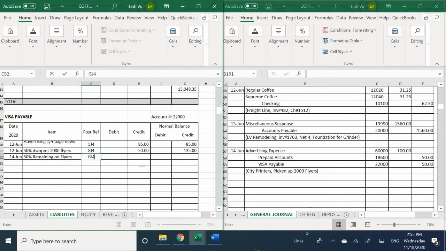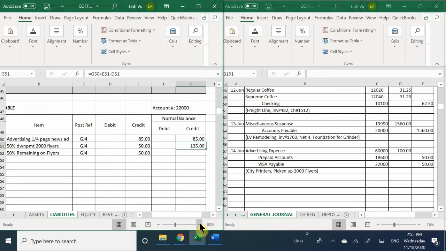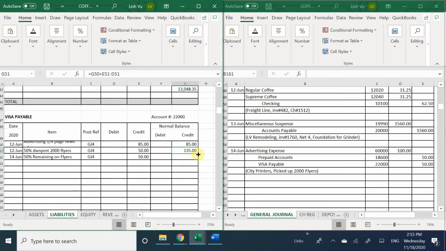General journal number 4, and I'm gonna add another $50, bringing now my new account balance to be, hold on, I'm still behind in typing for some reason. Hold on one second. Sorry. 185, it's going to be now 185. So here, that's exactly what's reflected on our advertising expense, because so far we've made nothing but purchases for advertising.